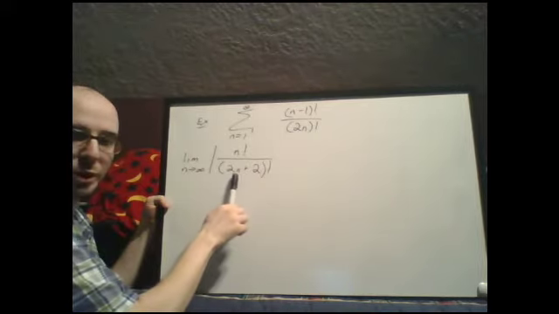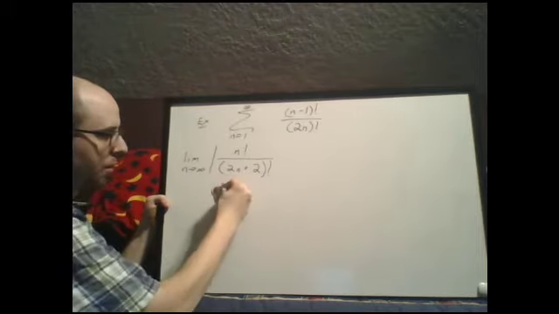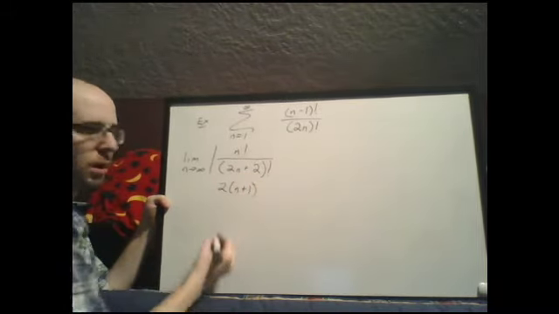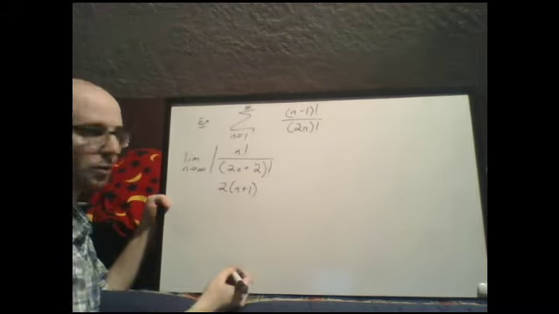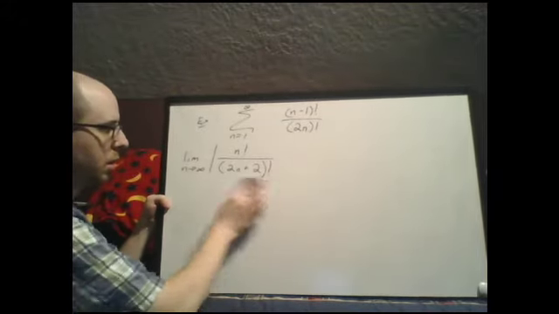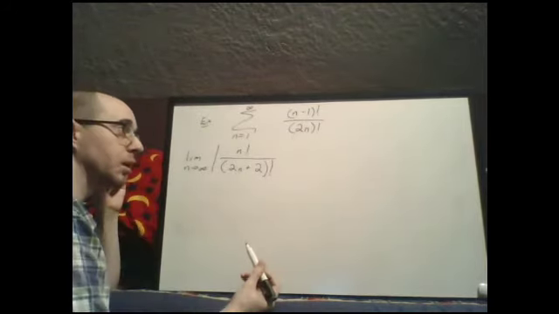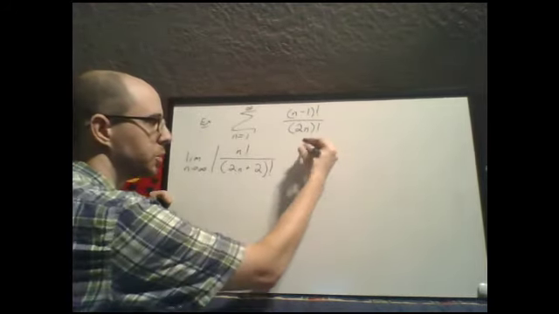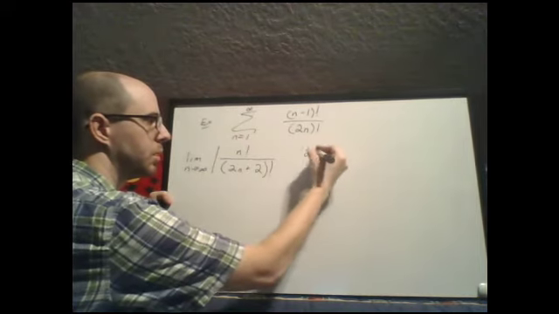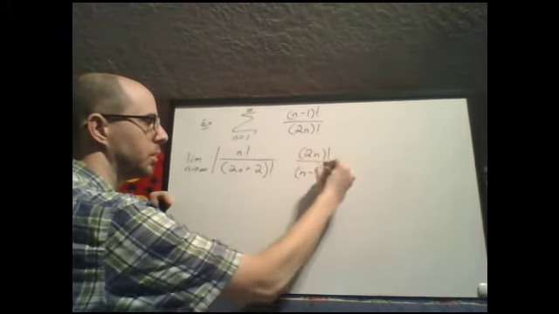So that gives me 2 times n plus 1, and then I take the factorial after that. Right, so then I multiply by the reciprocal of the original term. That's 2n factorial divided by n minus 1 factorial.